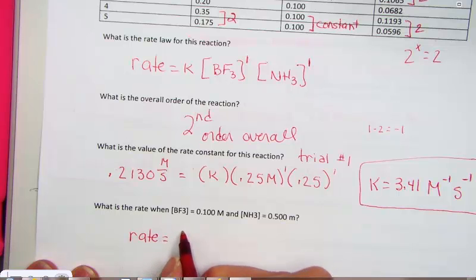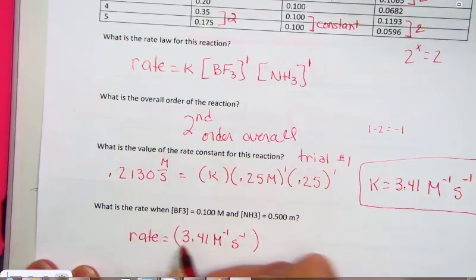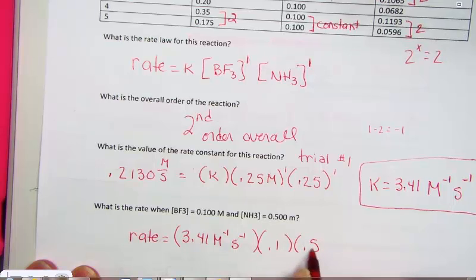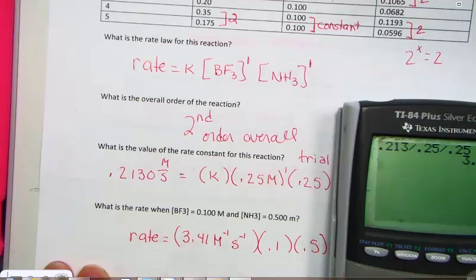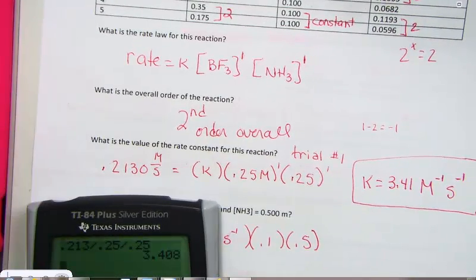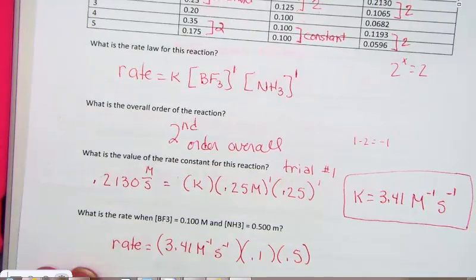Well, now that I know the constant, 3.41, molarity -1, second -1, I can plug in those concentrations and calculate the rate. Since they're first order overall, we're going to simply multiply. And I'll just leave that in my calculator. 3.408 times 0.1 times 0.5, 0.1704. So we'll say 0.17.